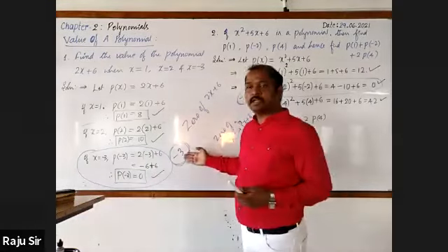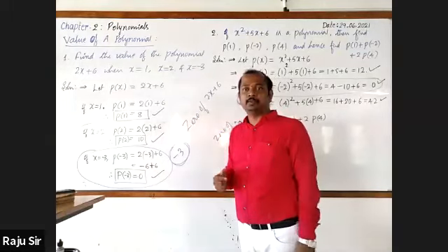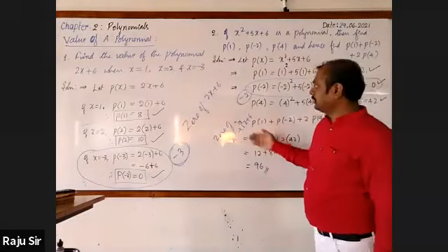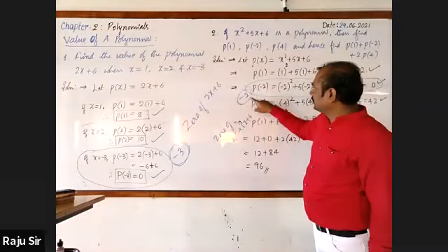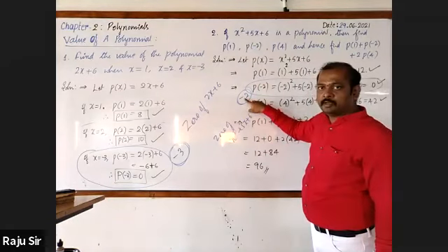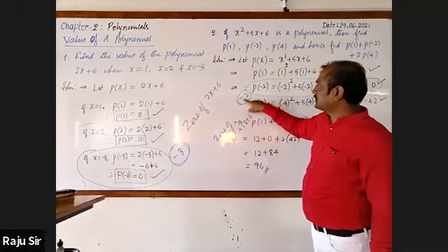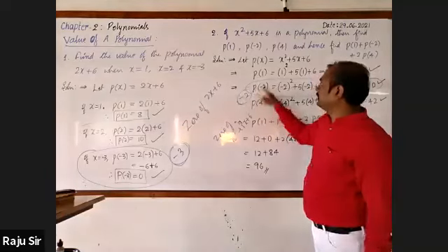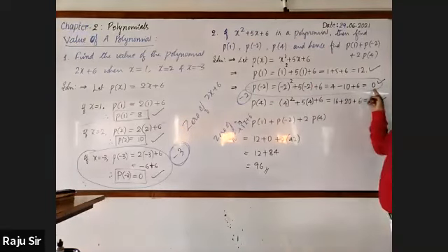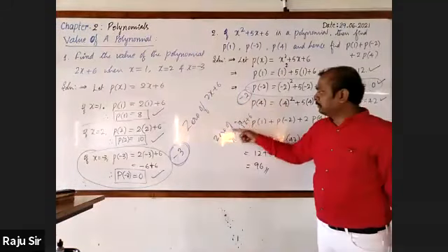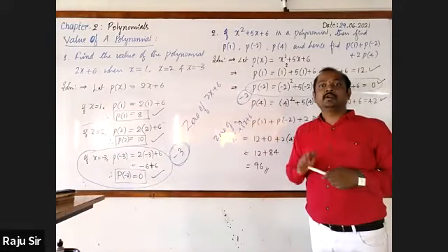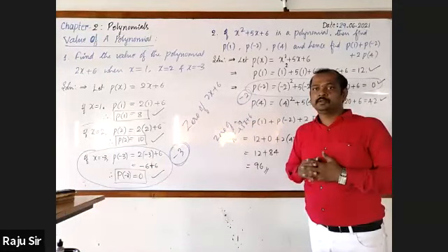That is why minus 3 is called 0 of the polynomial. Similarly, in second case, x is equal to minus 2 has made the value of the polynomial as 0. Therefore, minus 2 is called 0 of the polynomial. Is it clear?